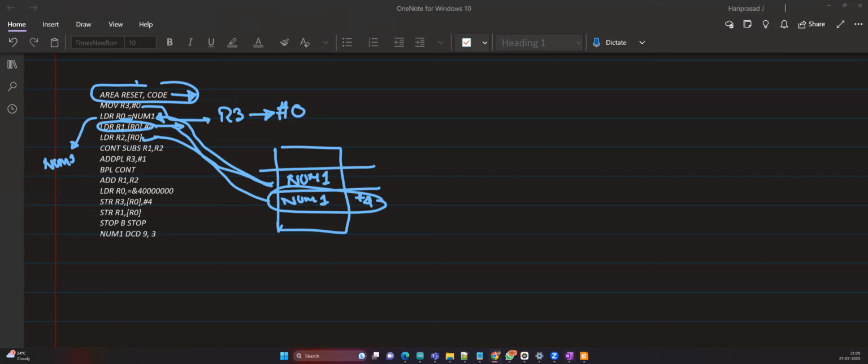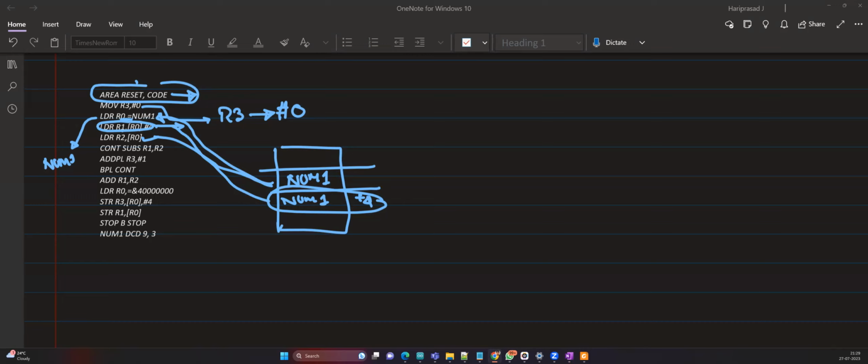Then what happens? Then we have to subtract R1 from R2. What is the function of ADDPL? It is adding, but what is PL actually?